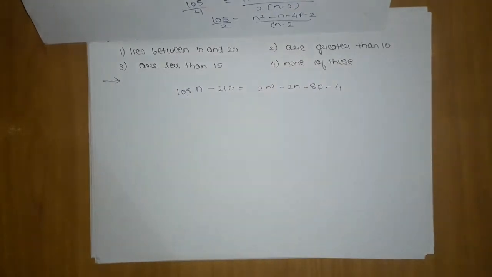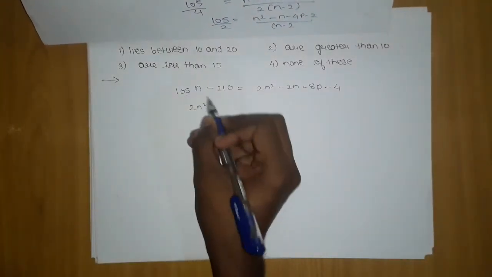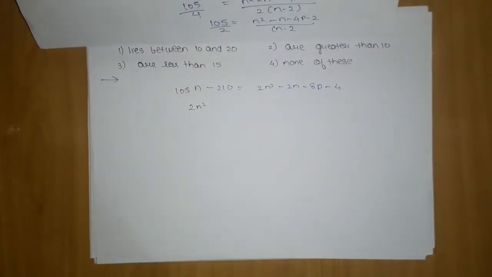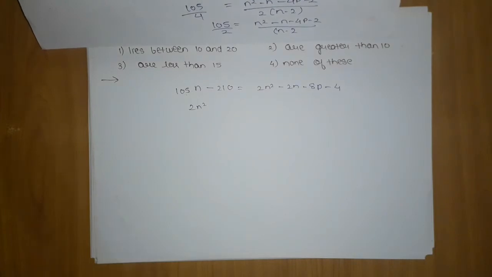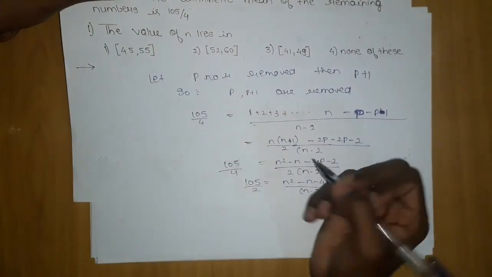Okay, so what we are going to do, we are going to move this to this side and move this to this side. Okay, we did a mistake, this was n into n plus 1 by 2.